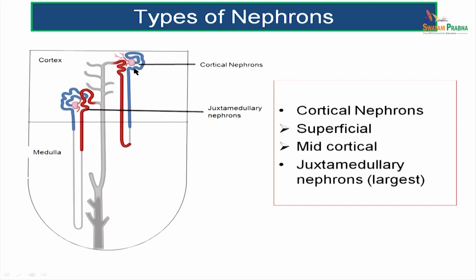Please note, the tubules of cortical nephrons do not extend deep into the medulla. Second one is the juxtamedullary nephrons, which are the largest. Their tubules extend deep into the medulla.